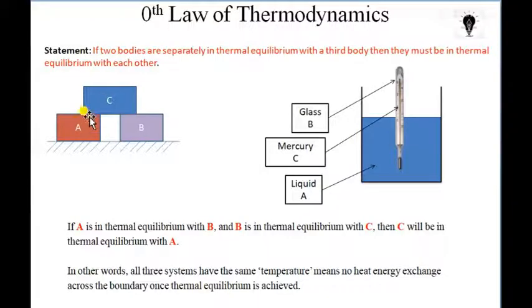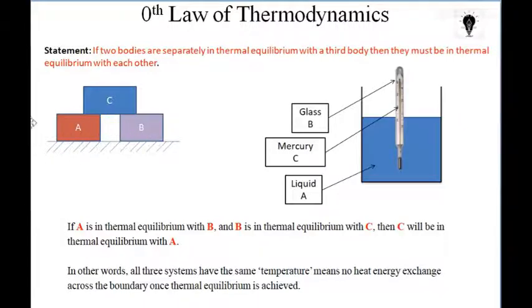So as long as there is a temperature difference between those three bodies, heat energy will be shared among themselves until the temperature of all three is the same. And as soon as the temperature of all three becomes the same, they can be called to be in a thermal equilibrium condition.